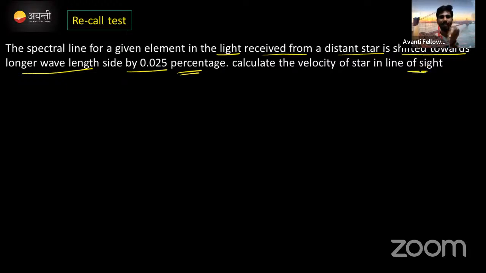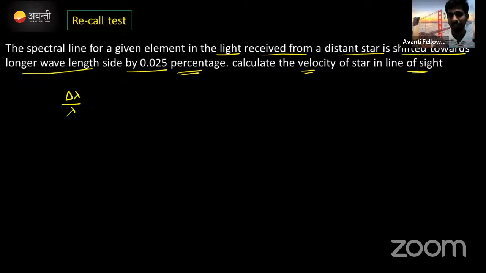We have to calculate the velocity, how fast the star is moving. How do we calculate it? I haven't told you the formula yet. Actually, in yesterday's class we discussed the formula for the percentage change in wavelength. We can take it as the fractional change in wavelength or fractional change in frequency. It is equal to like this.